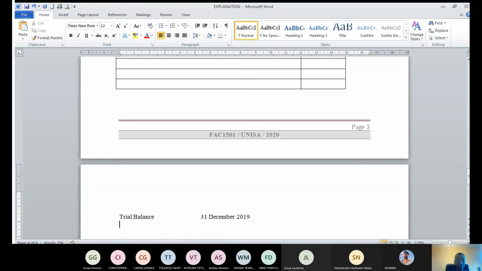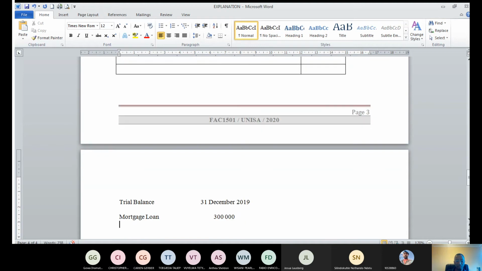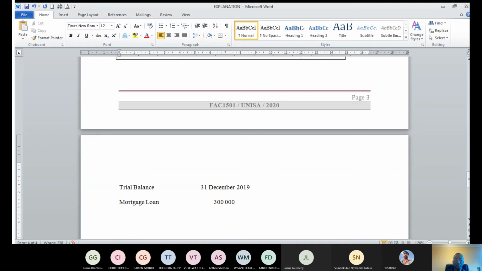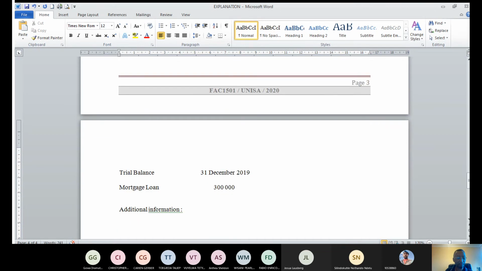And in this trial balance, I have got an account called mortgage loan. And the mortgage loan is an amount of 300,000 Rand. So I am owing 300,000 Rand on my loan. I've got additional information, and my additional information tells me the following.